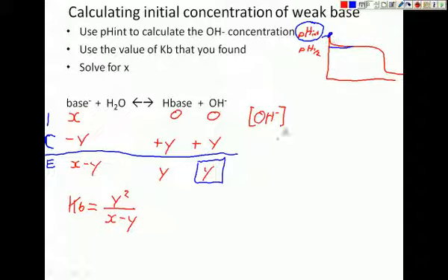So the concentration of OH is equal to 10 to the minus pOH initial.